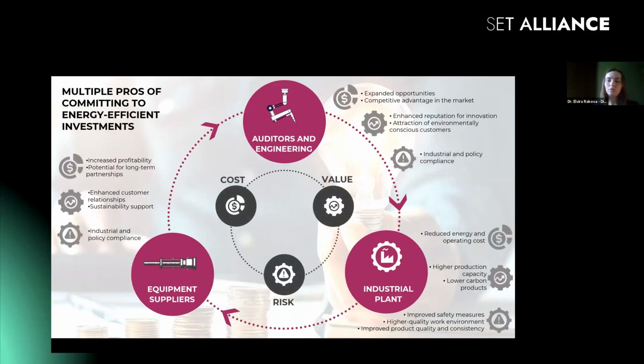So coming to efficiency as a service, we always need to look, as my colleagues here on the panel said before, for a win-win situation for equipment suppliers, auditors, and industrial plants. Of course, all of them have their pluses, that's quite obvious. But the biggest problem that I have witnessed in the past 13 years working in the industry is high risk.